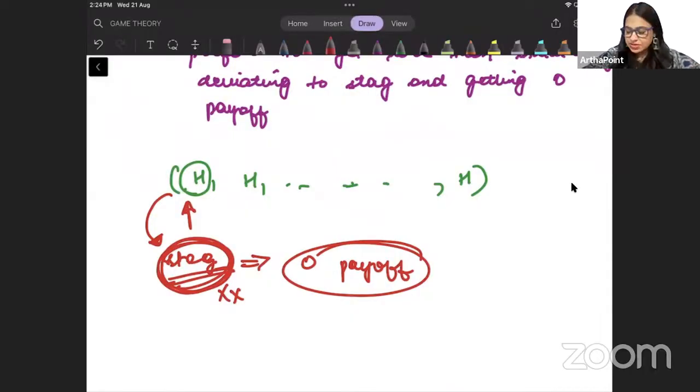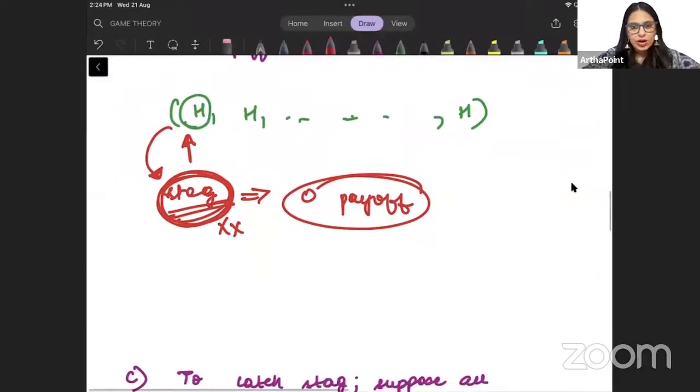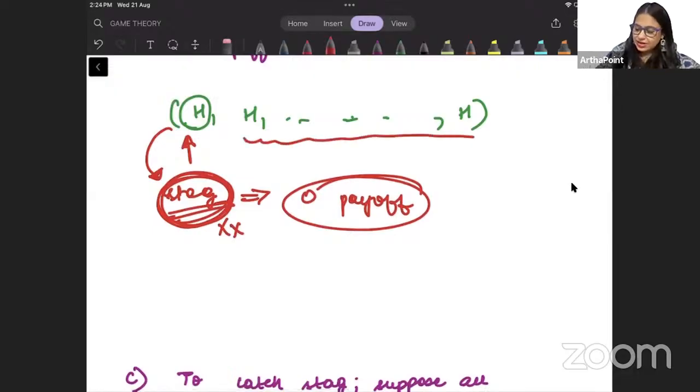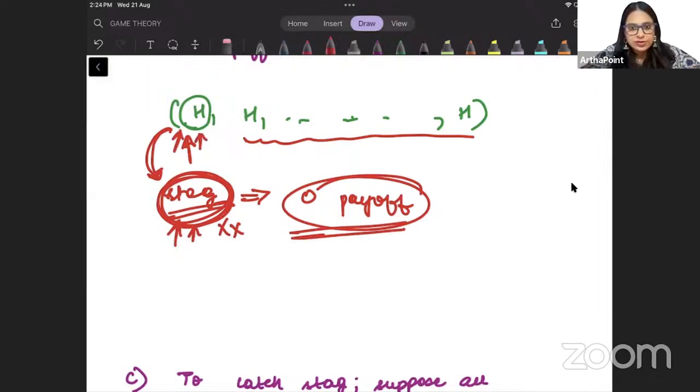So since he will not be able to catch the stag, he will be without any animal, while everyone else is still getting a hare. Will he have any incentive to deviate? No, right? Because when he deviates, he cannot catch the stag alone and his payoff becomes zero, whereas when he catches the hare, he gets some payoff.